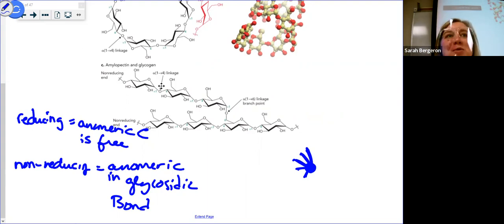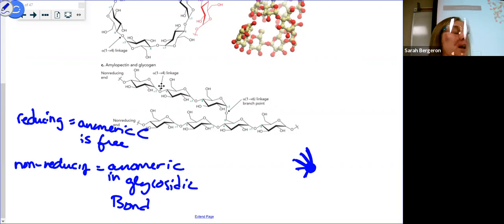So if you think of storage sugars as a Kush ball, right? These individual fingers are the only places where you can actually take an individual glucose, right? So the more fingers you have, the quicker you can put forth a stream of sugar into the bloodstream, right?